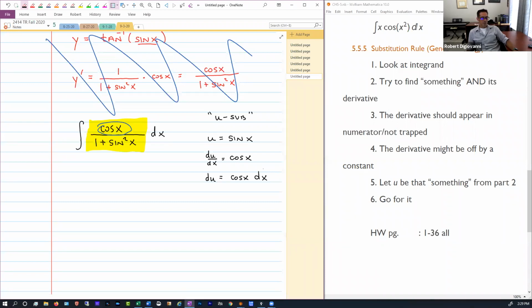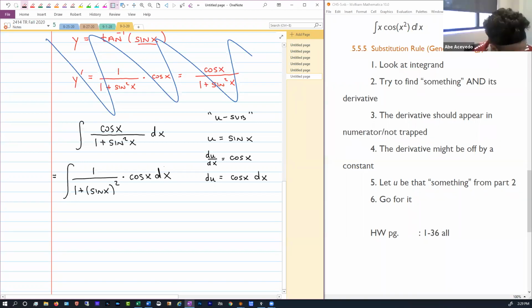And now comes the important part. Does everyone see that I can rewrite this original integral as this? Y'all see that that's just me rewriting it, right?